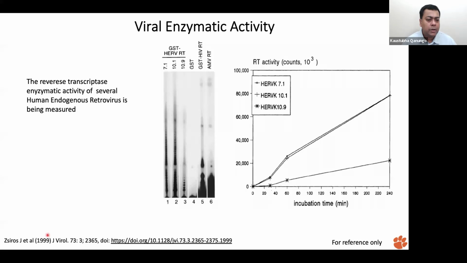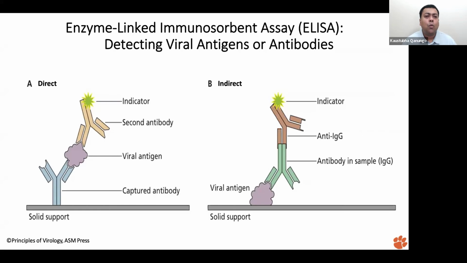All right, so the next one is the enzyme-linked immunosorbent assay, or ELISA, that you are very familiar with by name. And there are two questions that we can ask through this. Either we detect the viral antigens through this, or antibodies with this. An extension of this is just your lateral flow test, which is the dipstick or the saliva test that is being done for SARS-CoV-2, where you have just a test strip that you have seen.